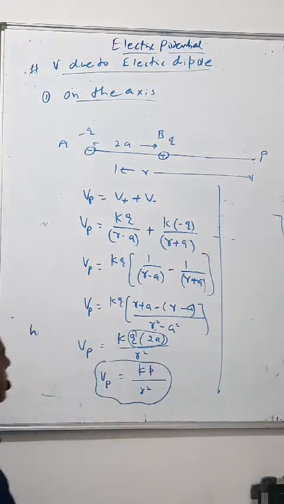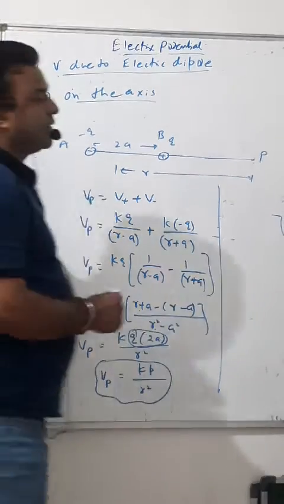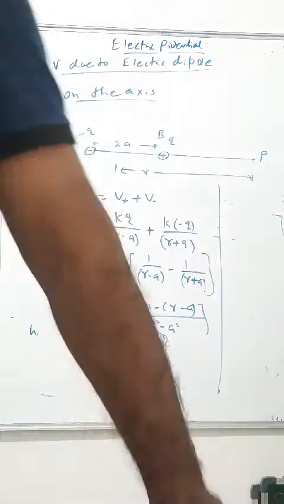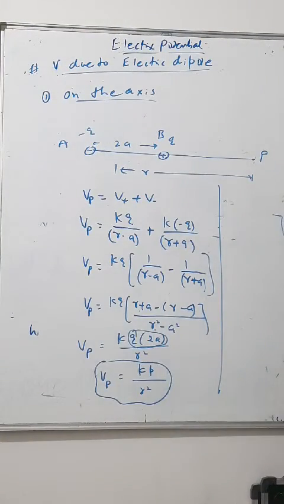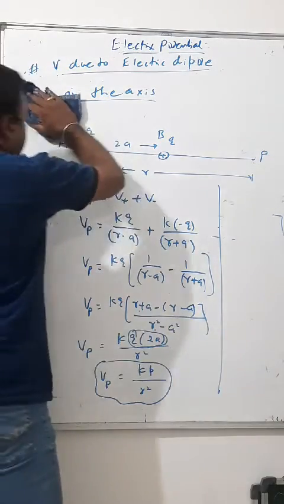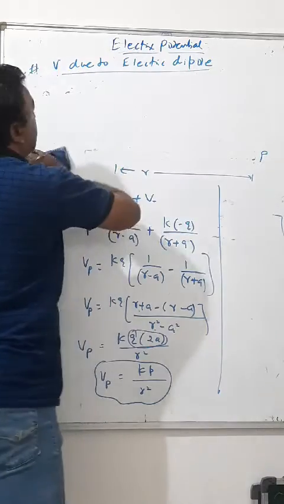This is potential on the axis of the dipole. It is Kp upon R square. Direction, of course, no direction, potential is a scalar quantity. Dot product of E and R is a scalar.